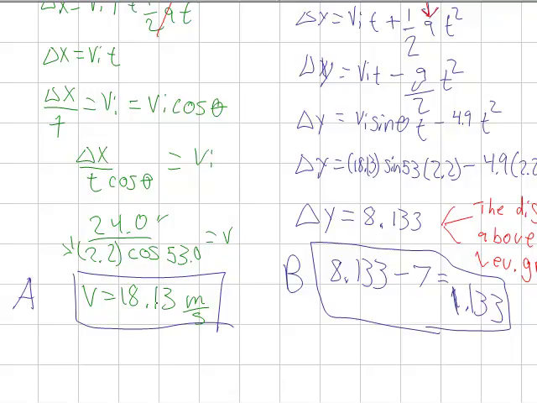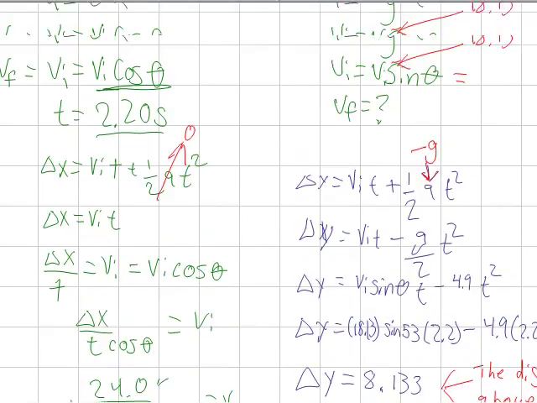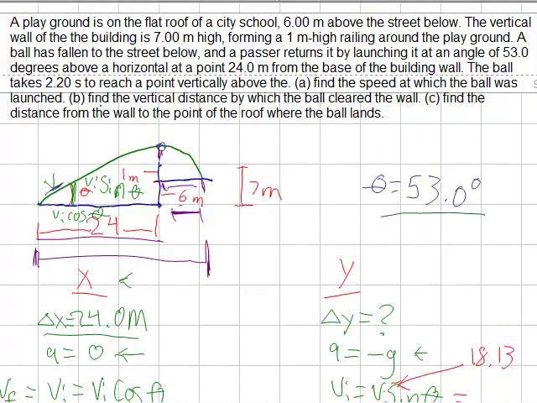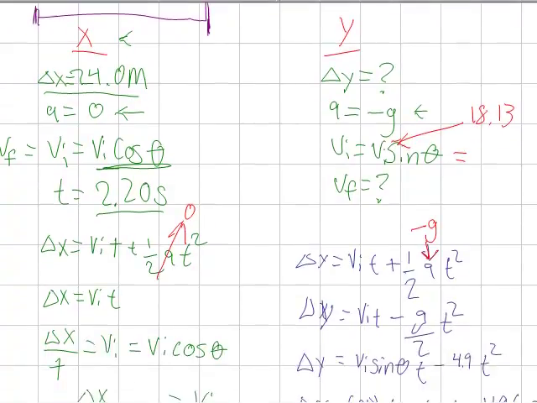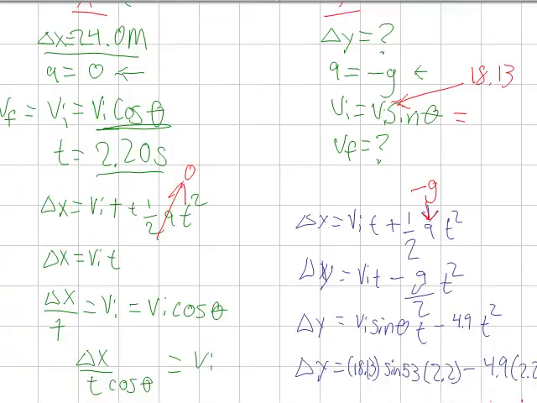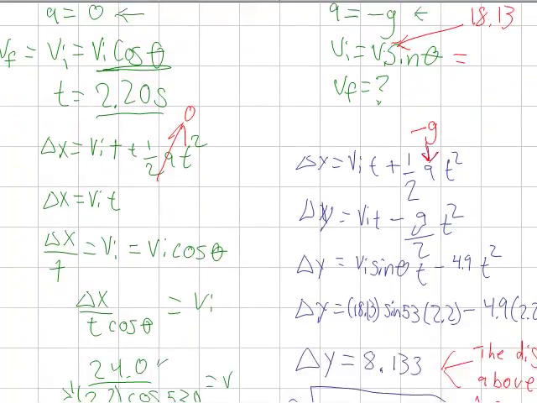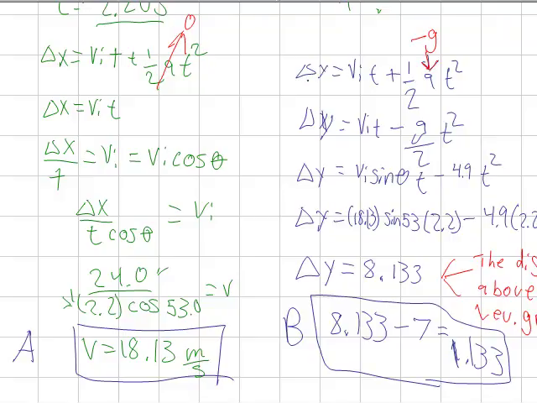And once we have that velocity, we could find part B, which is to find the vertical distance by which the ball cleared the wall. Since we found our velocity, we plug it in right here. That gives us 18.13. Our kinematic equation is delta y equals velocity initial times time plus 1/2 acceleration times time squared. But we know that our acceleration is negative gravity, so we plug that in and then we work it out.